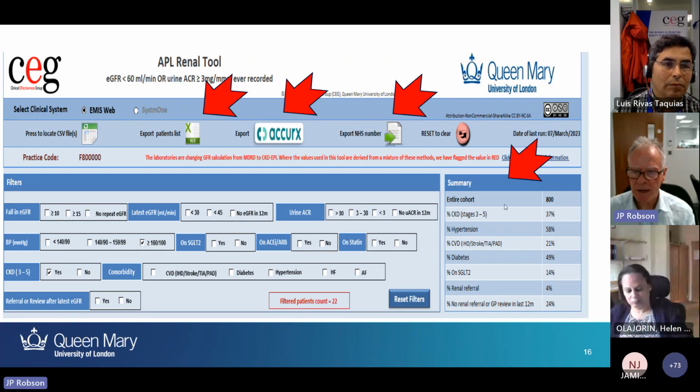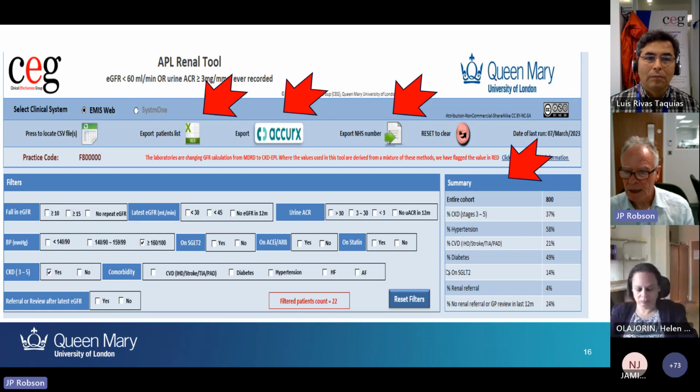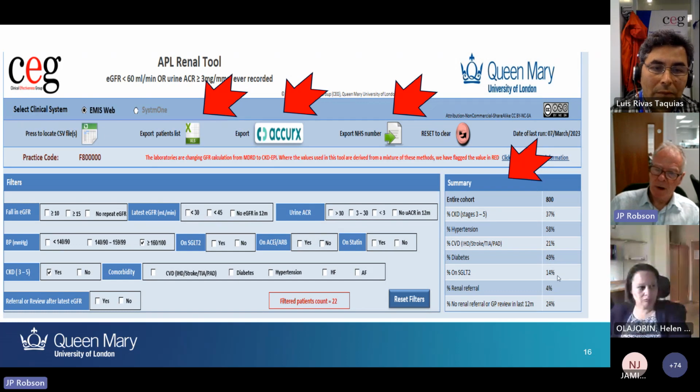So it's showing this practice had a total of 800 people, of whom 37% are coded. So quite a lot of not coding. More than half of them have hypertension. About a fifth have CKD. Half have diabetes. A minority are on SGLT2s, and so on.